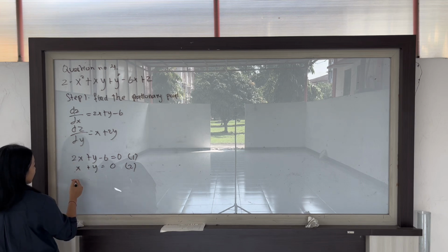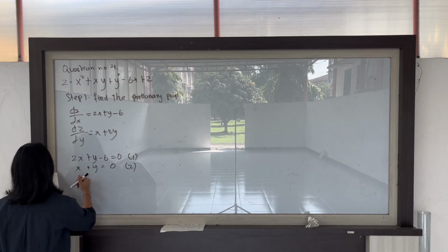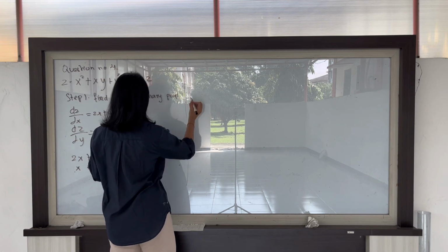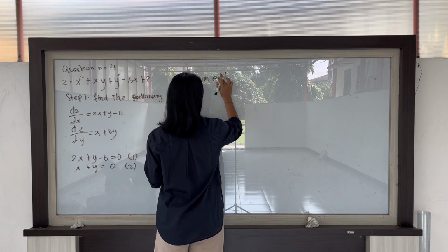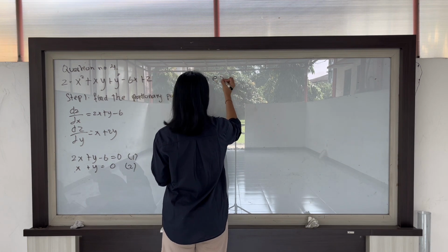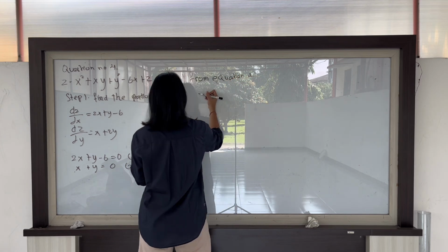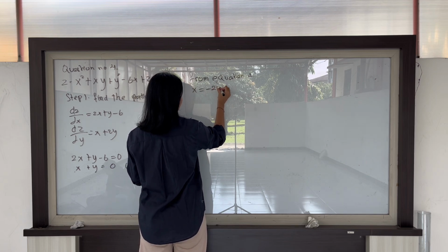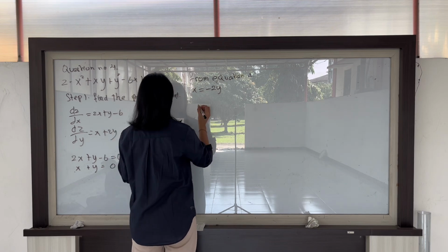So 2x plus y minus 6 equals 0, and x plus 2y equals 0. Then from equation 2, x equals minus 2y. Substitute into equation 1.